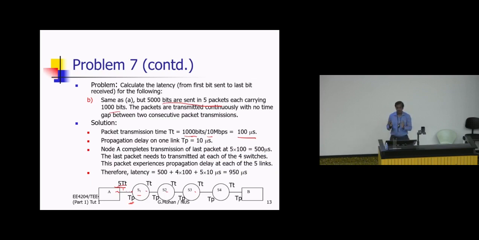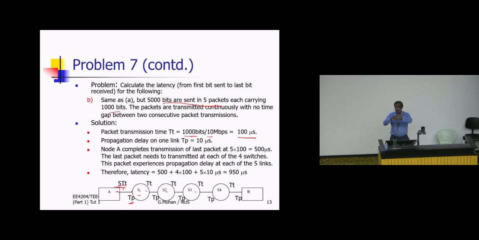For it, it received one packet of size 1,000 bits. After receiving the first packet, it will start transmitting on the next link. That means when the second packet is received, the first packet is transmitted. When the third packet is received, the second packet is transmitted. When the fifth packet is received, the fourth packet is done. They are all concurrent, simultaneous.